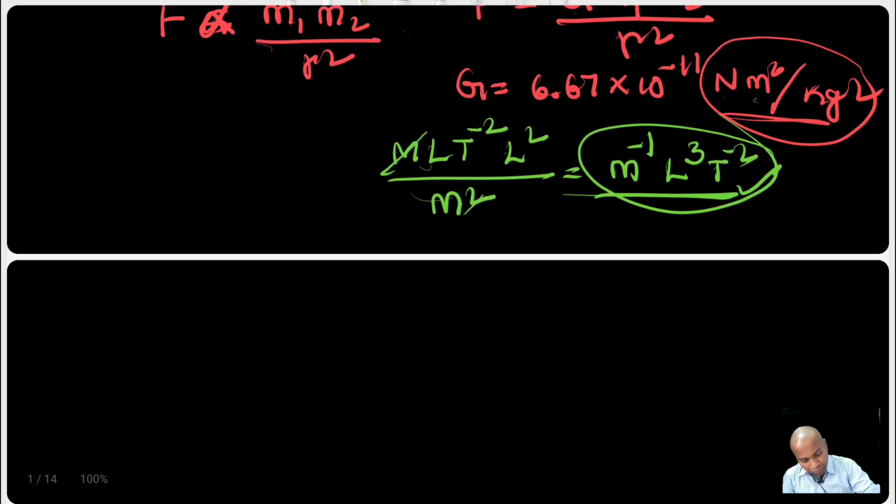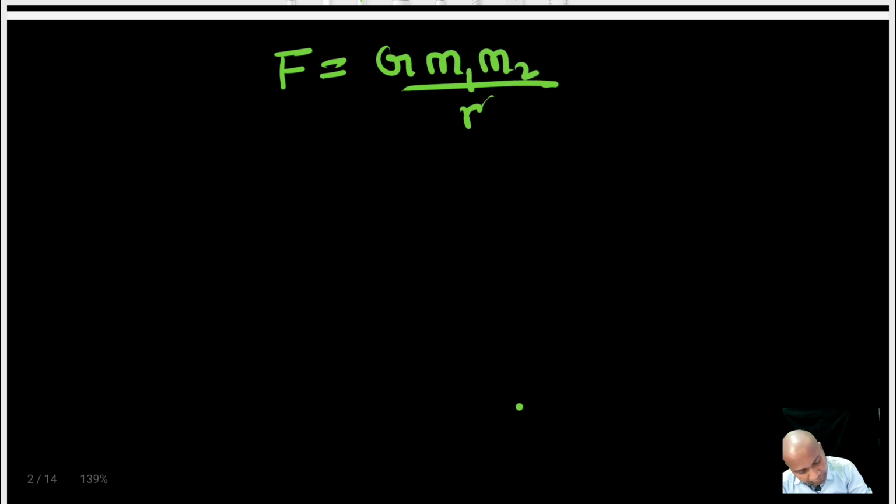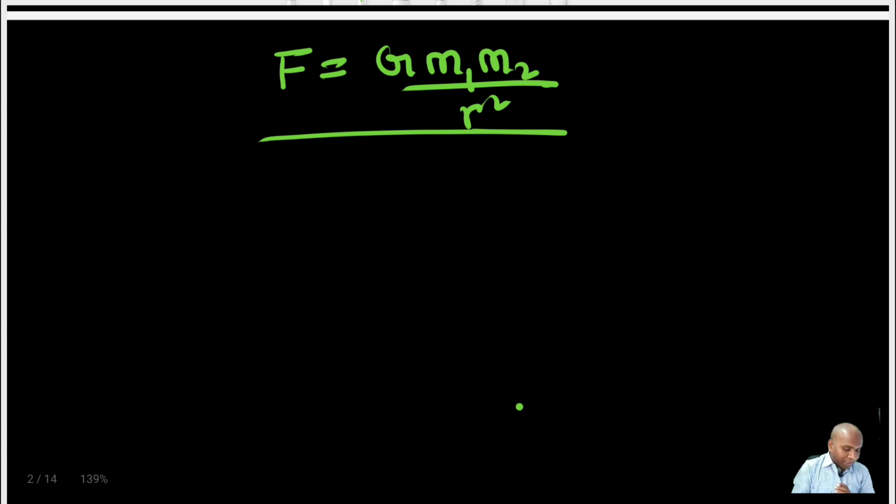Now, this is the gravitational force F equals G m1 m2 by r square. This is the magnitude form. But we want to get it in vector form.